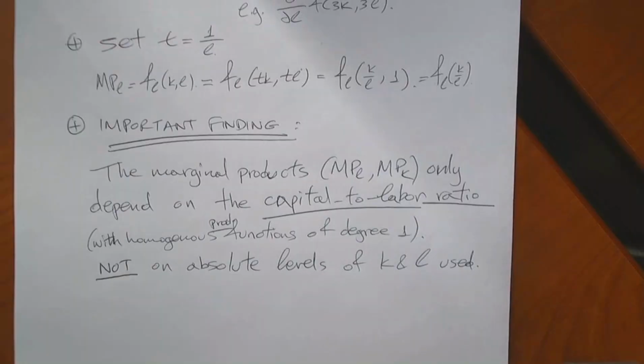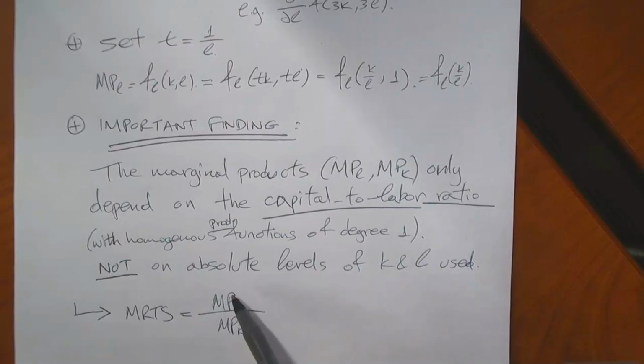The other cool thing that you learn from this is the MRTS behavior now. How did we define the MRTS? We defined it as the ratio of the two marginal products. Well, if each of these marginal products are only a function of the capital to labor ratio, what would their ratio be a function of? Again, the capital to labor ratio, right?